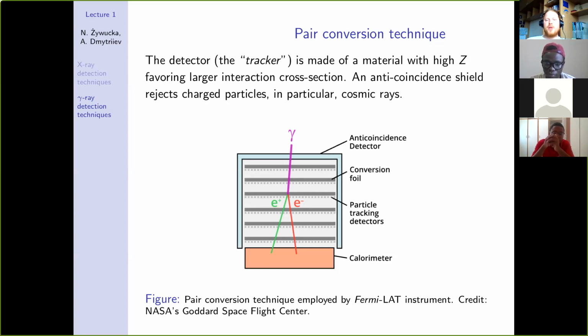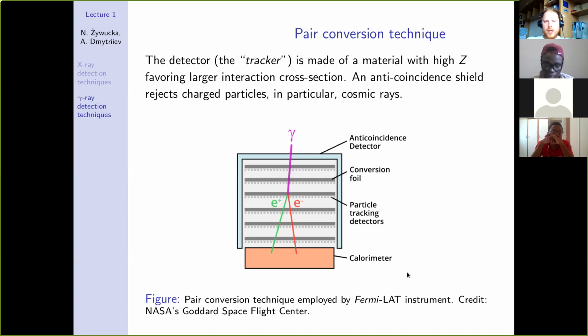These are charged protons, which represent the background, since we want to measure only gamma rays. So we will be rejecting the cosmic rays with the anti-coincidence shield. And then at the bottom, there is the calorimeter, which is measuring the energies.